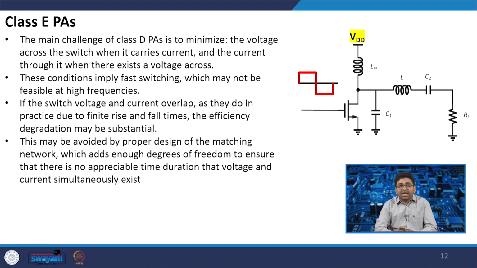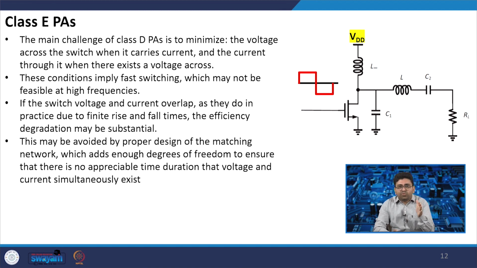So in the class D PA that we have discussed, the main challenge is to minimize the voltage across the switch when it is carrying the current, and the current through it when there exists a voltage across it. So making it a more ideal switch was one challenge when we saw class D. This condition is called fast switching, which is very difficult at a high frequency.